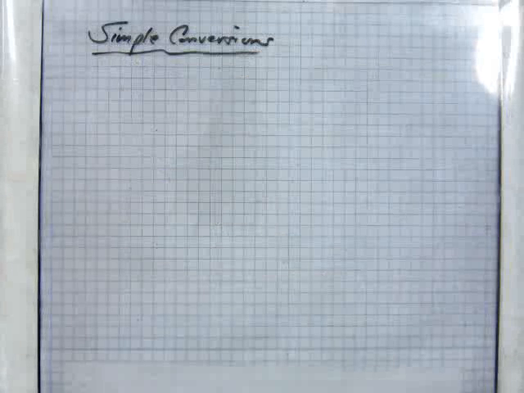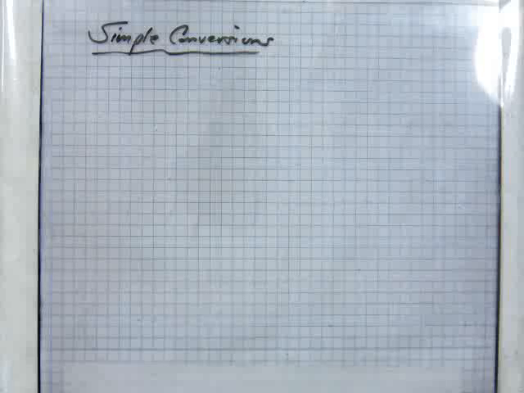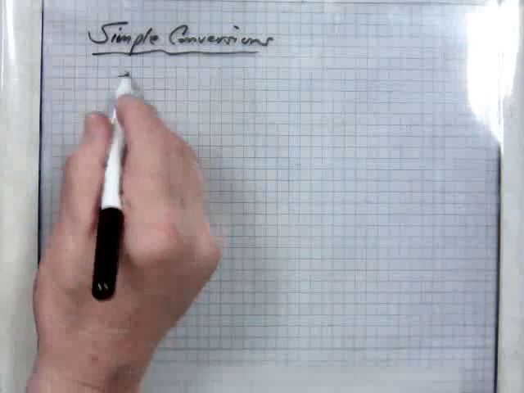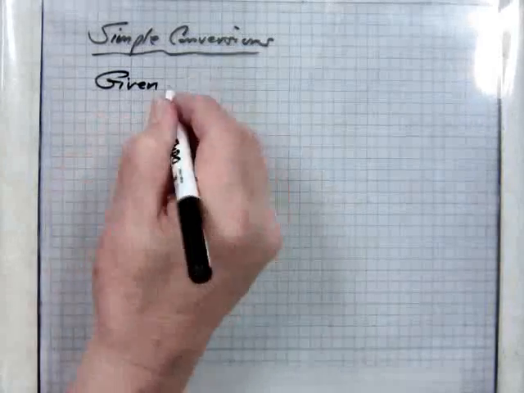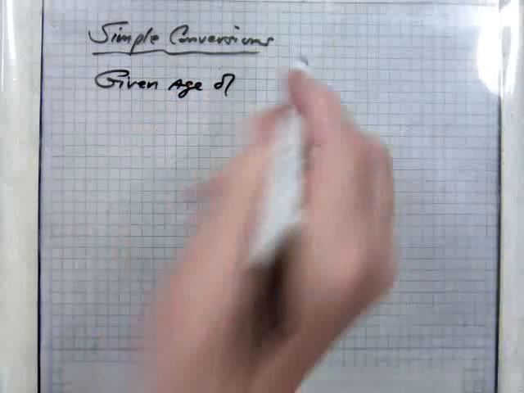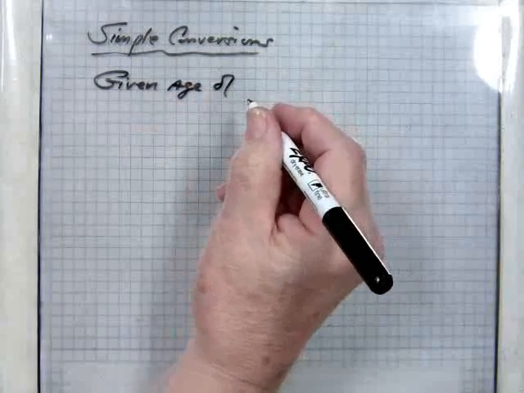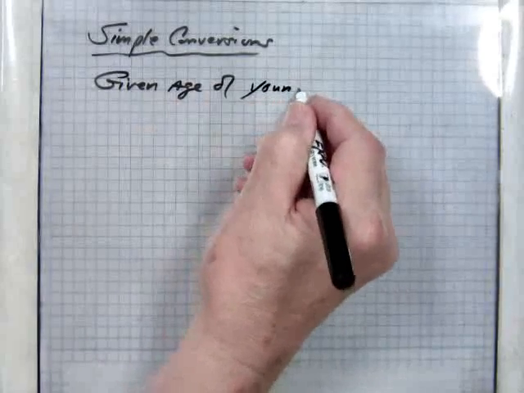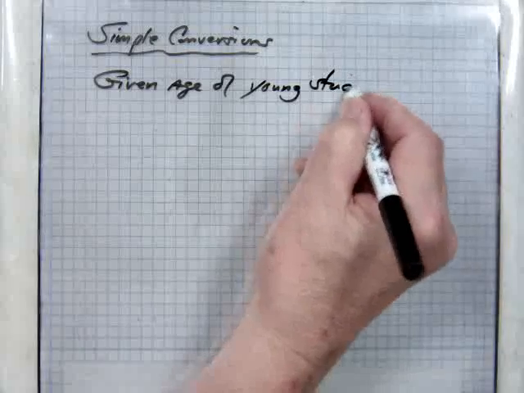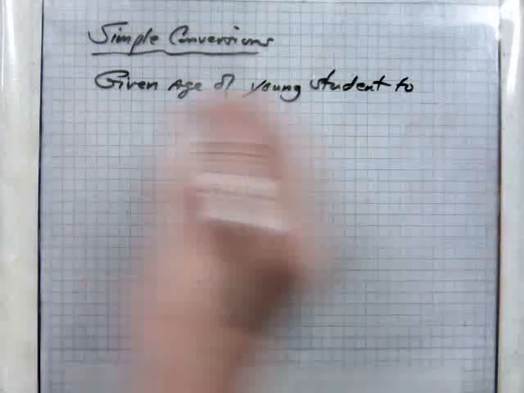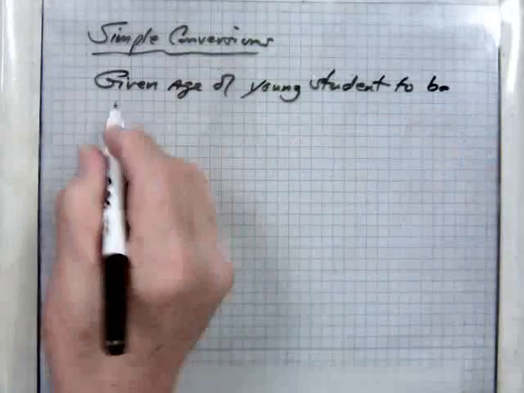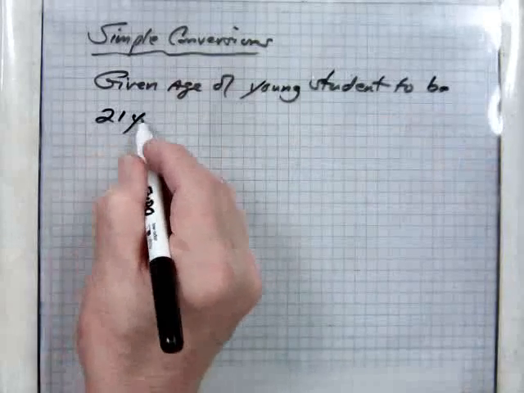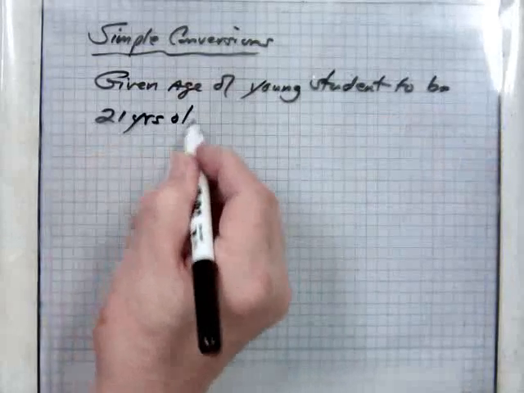Simple conversions, that's unit to unit. And in context, we'll just make up a problem that we're given. Say you're given the age of a young student to be 21 years old.